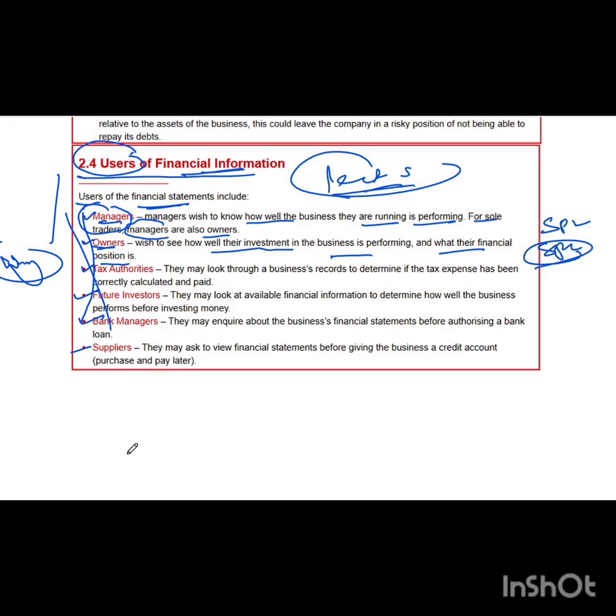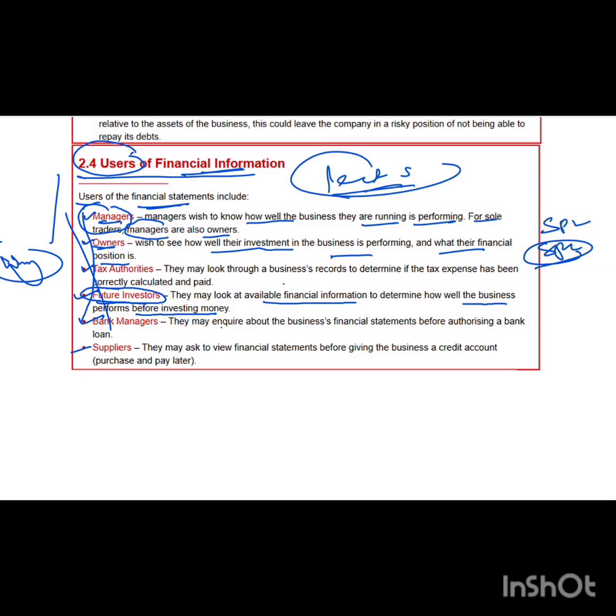Okay, now the future investor. This is another user. They may look at the available financial information to determine how well the business will perform before investing money. So the future investor is looking for the best opportunity.